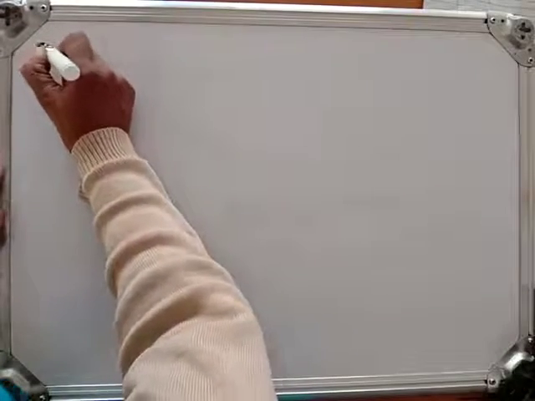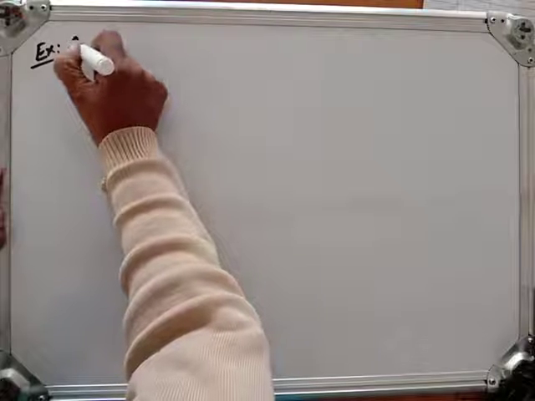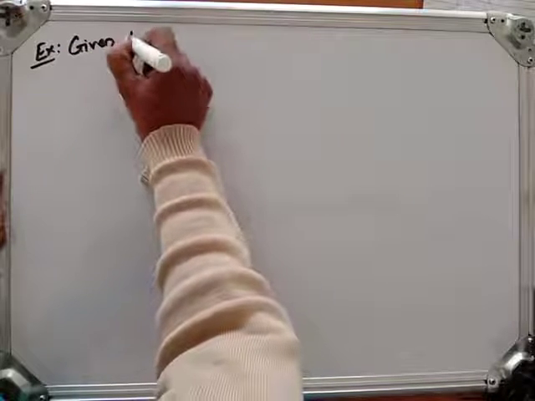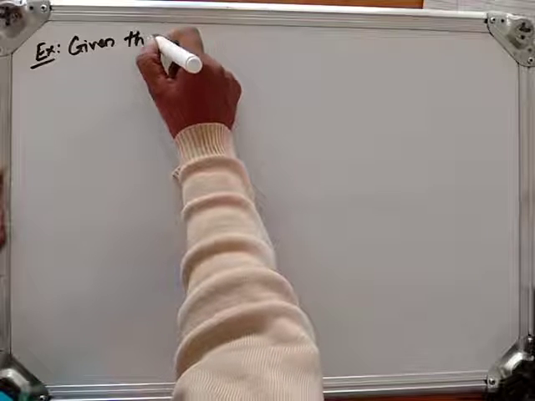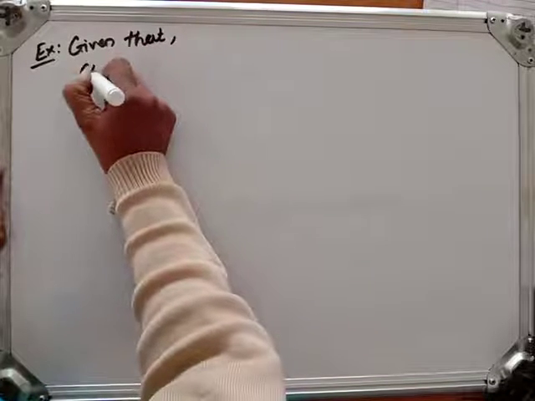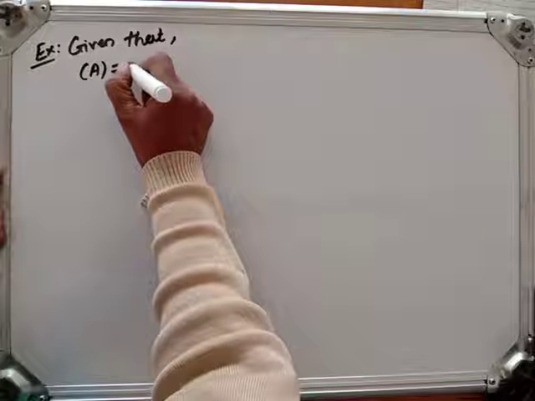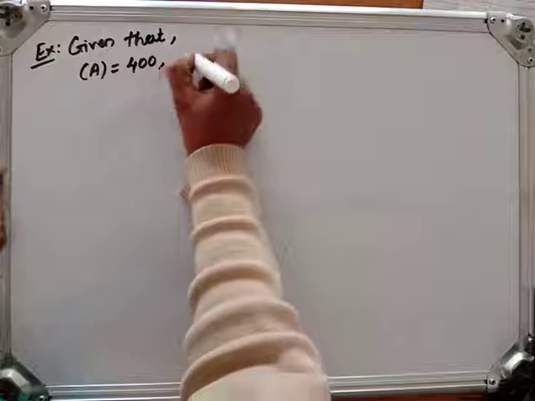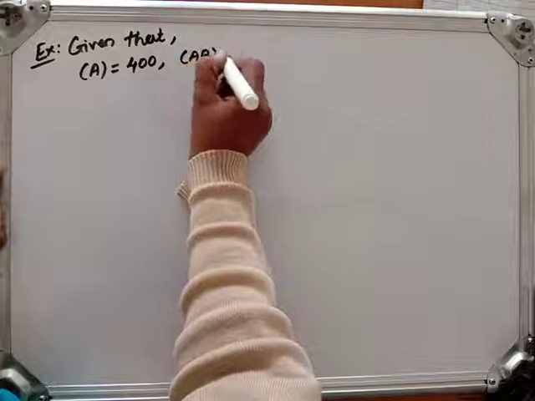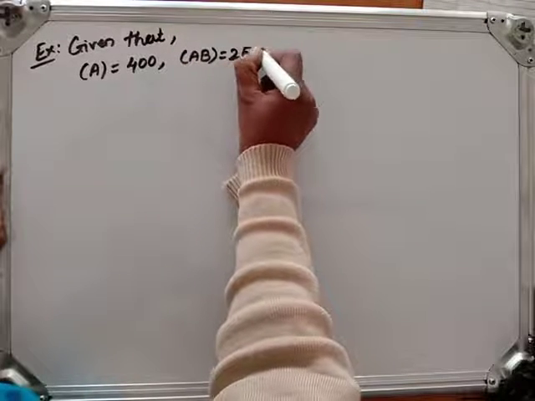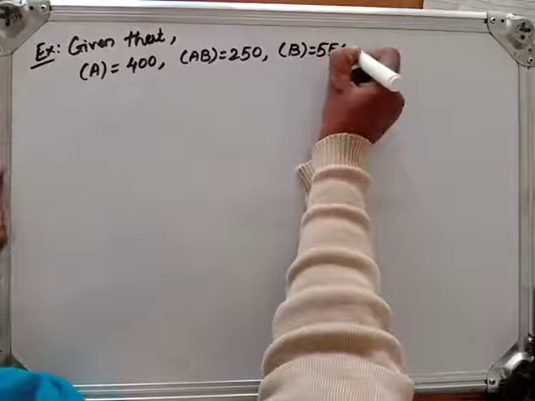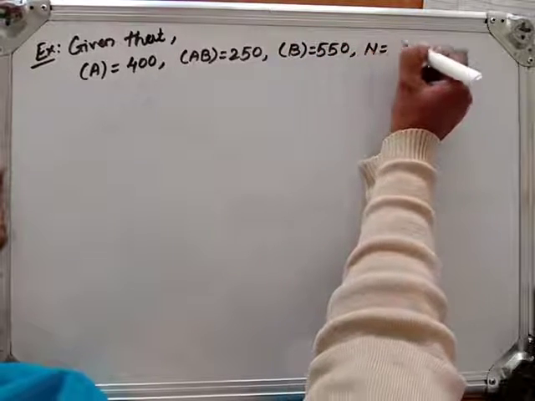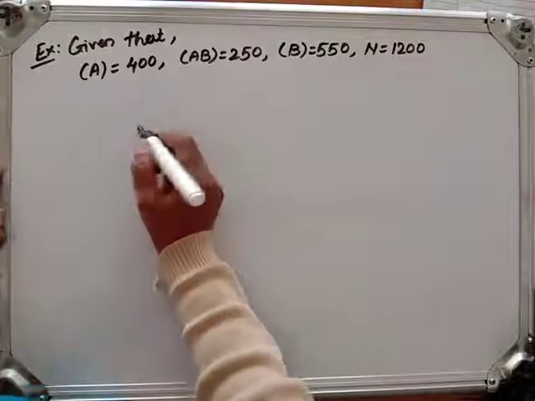Example: given that the frequency of A is 400, AB is 250, B is 550, and N is 1200.